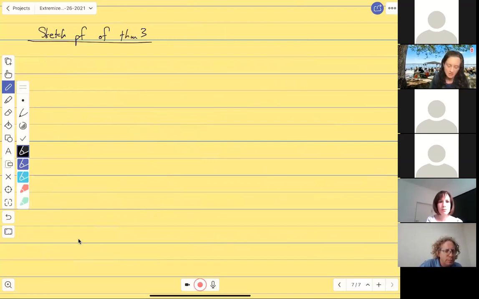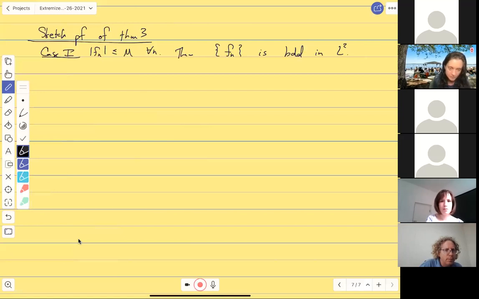And so let's deal first with the case that the FNs are bounded. So in this case, my sequence is bounded in L2. And because it's bounded in L2, I can use the L2 profile decomposition. And we have two important conclusions in this case.